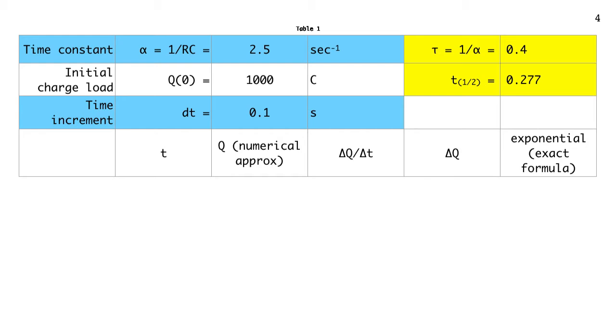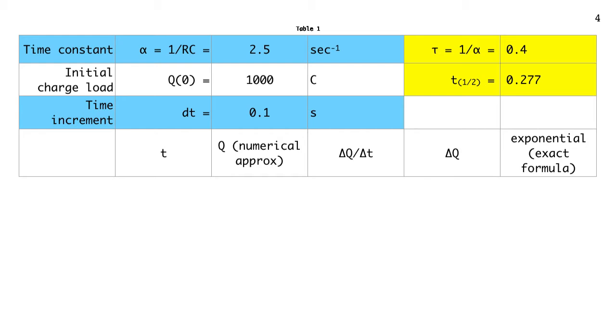And then once we get that with alpha, we're going to multiply by the chosen delta T, and we're going to get delta Q. All right, and so that's how that calculus equation, that's why I set it up that way. So then in the last column, I'm going to show you the theoretically exact formula for Q of time, Q of T.